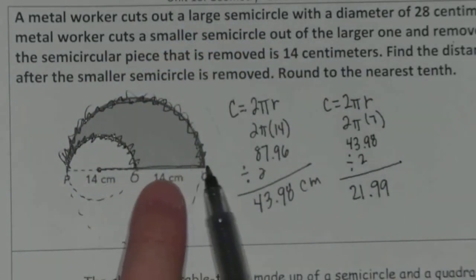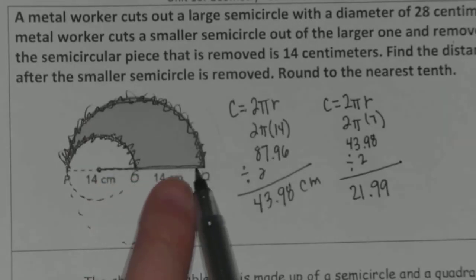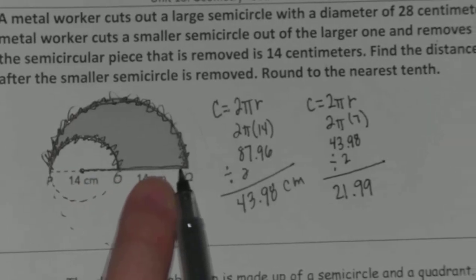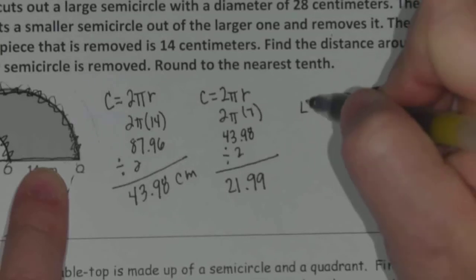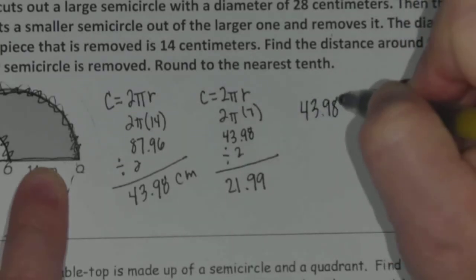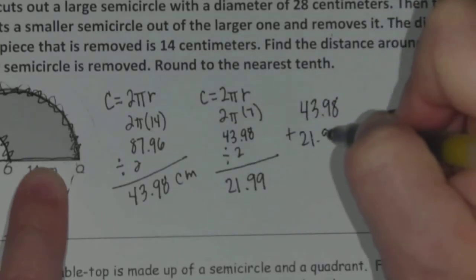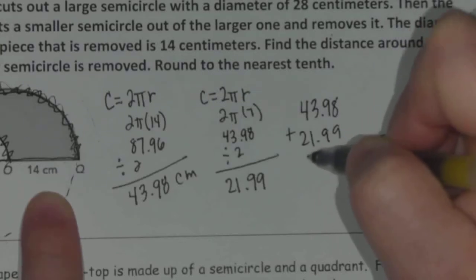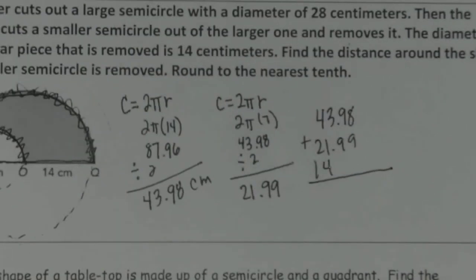Do I know the length of this part right here? It's 14, right? So I'm just going to add those three numbers together. 43.98 plus 21.99 plus 14. That will give me my total of my entire circumference of that shape.